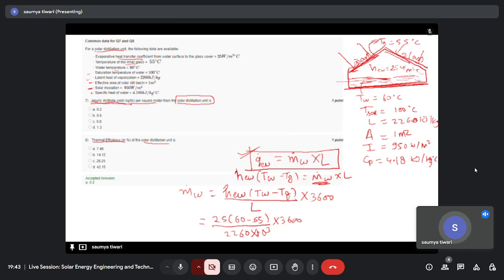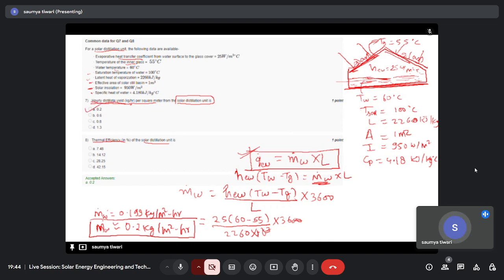If we solve this, then the value that will come, mass of water will come around 0.9199 kg per meter square per hour. Okay, so it will be equivalent to like 0.2 kg per meter square per hour. So the correct answer will be 0.2.